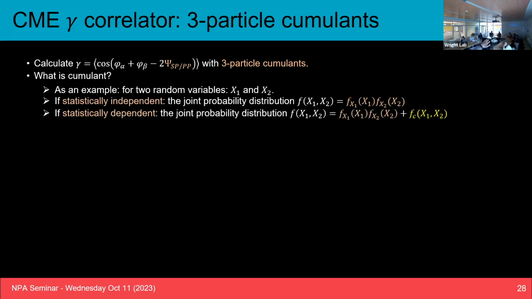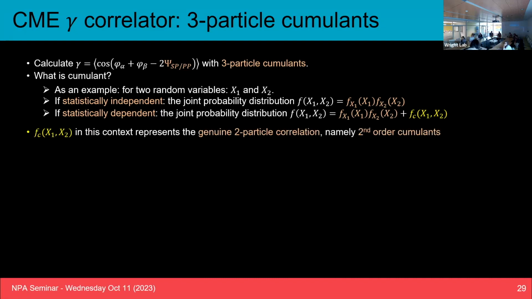Imagine you have two random variables, x1 and x2. If they are statistically independent, then their joint probability distribution can be factorized. You can write them like that. But if they are dependent, you also have to add another term, which talks about the genuine correlation between them. And this is what we mean by cumulant, basically.